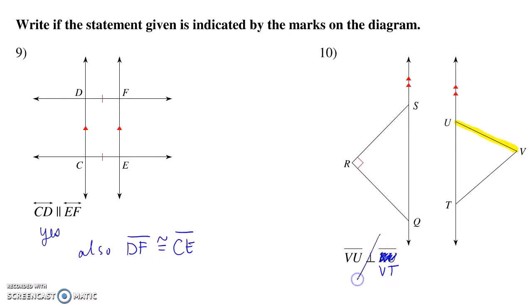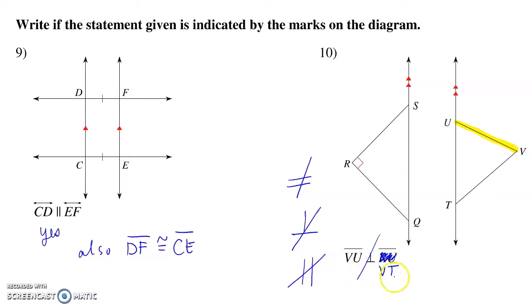And no, it's not. So when you put a slash, just like if you had an equal sign, that means equal to, that means not equal to. If you have perpendicular, that means not perpendicular to. And if you have parallel, that means not parallel to.